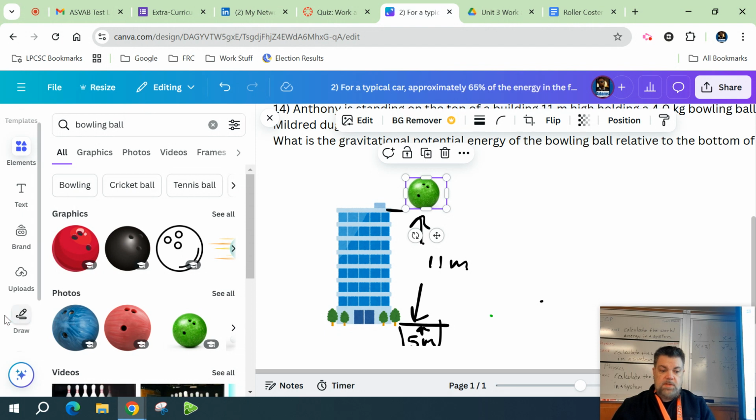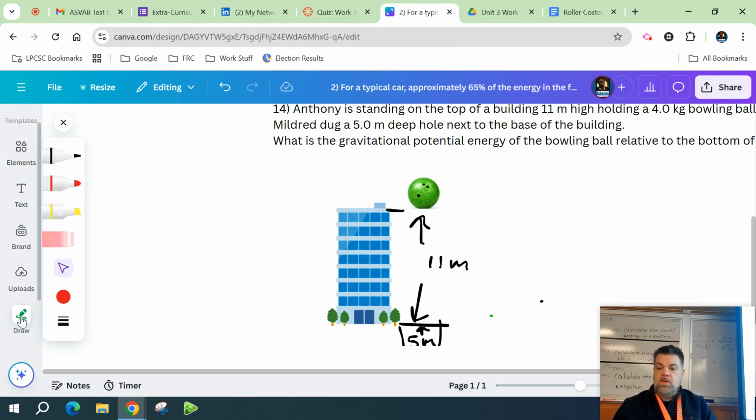All right, perfect. So we got to go through and label everything. This has a mass of 4 kilograms.